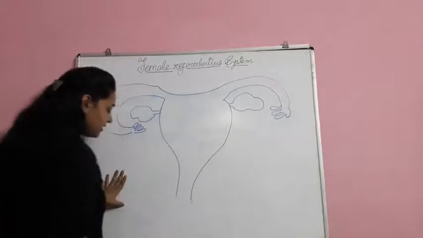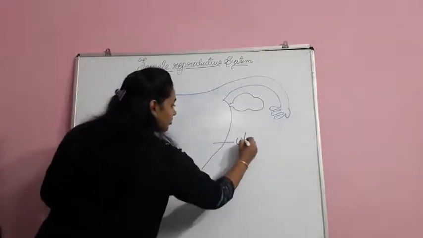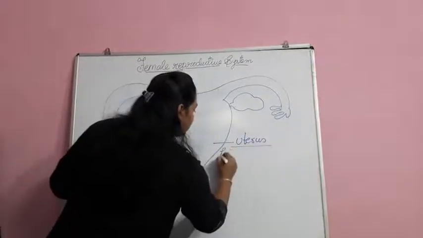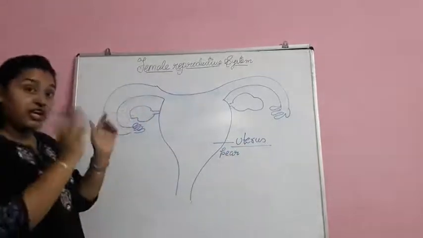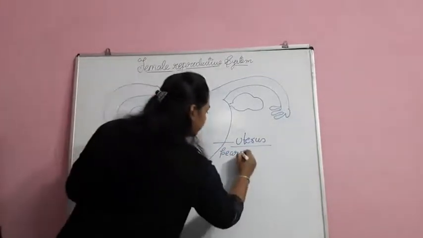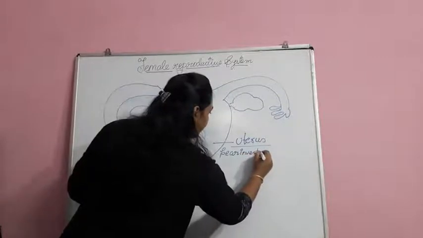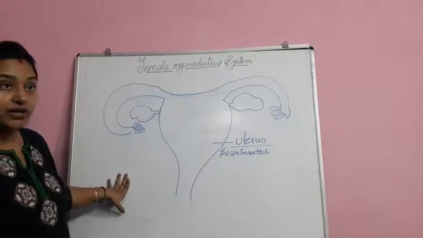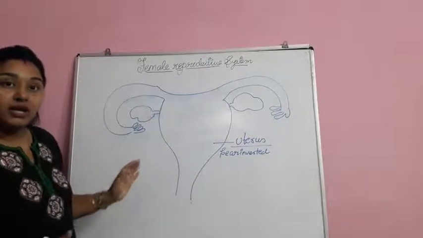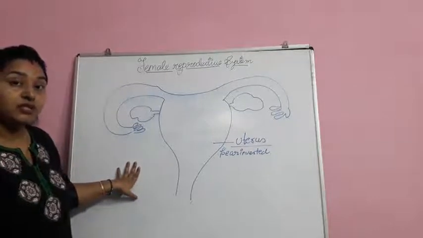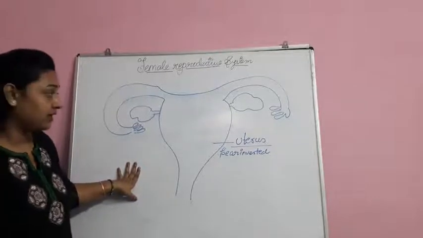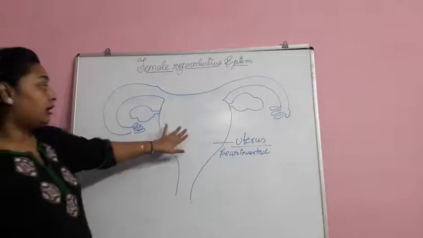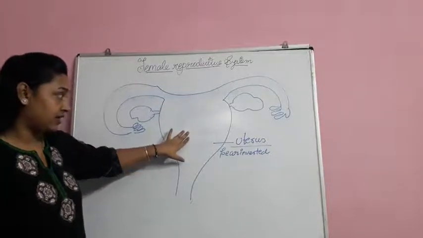Here you can see this place, which is called the uterus. Uterus is a pear-shaped structure which is inverted, just the opposite side of a pear. In the uterus, the embryo develops, otherwise it collects the mucus and blood vessels which are responsible for the menstrual cycle. So this uterus is actually a pouch, a bag kind of structure meant to carry the embryo and develop it inside.